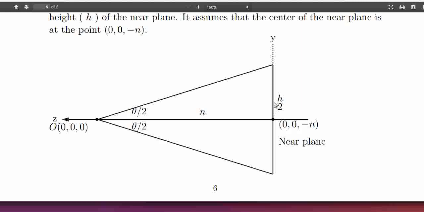And so from here to here is n, and this whole angle field of view is theta, so this is half of it, theta over 2. And from here to here is H, okay, the height is H. So this is half of it, H over 2.